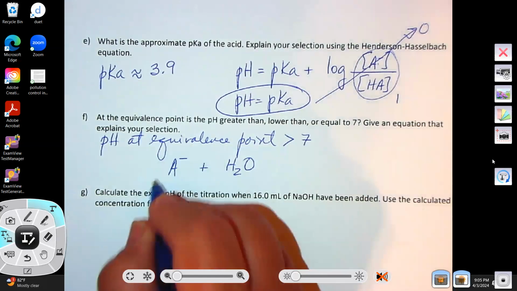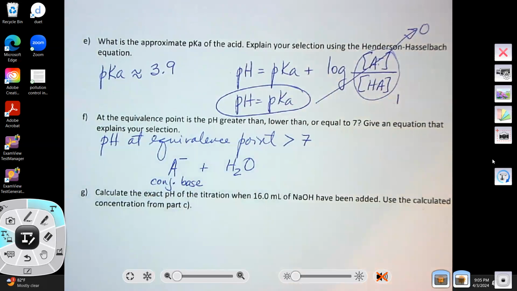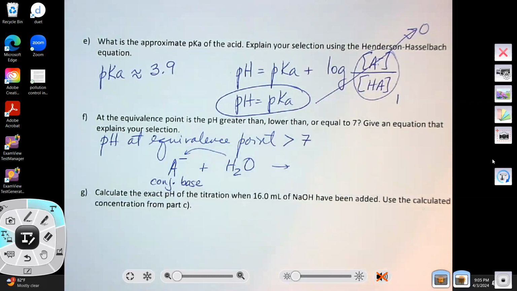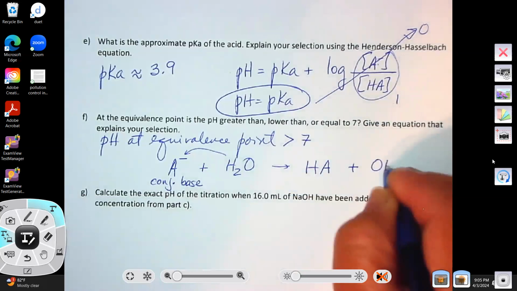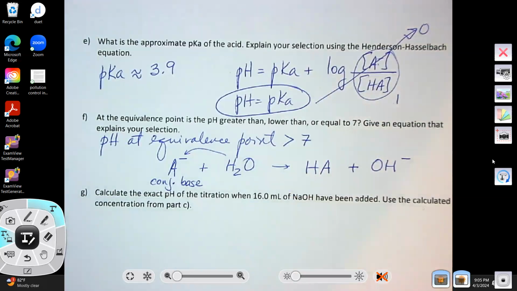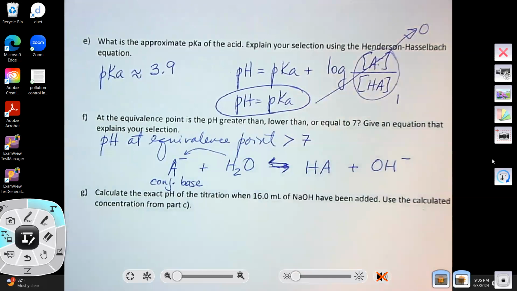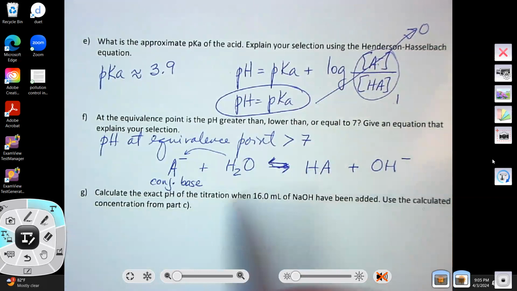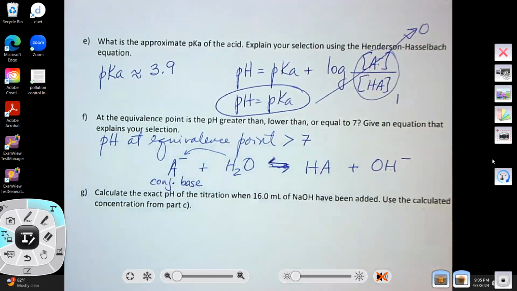And because this is a conjugate base, it is going to do what bases do, which is remove a hydrogen from water, forming the weak acid plus OH minus. This is called basic hydrolysis, an equilibrium. Notice that it forms OH minus. And this is the reason why at the equivalence point, the pH is greater than 7.